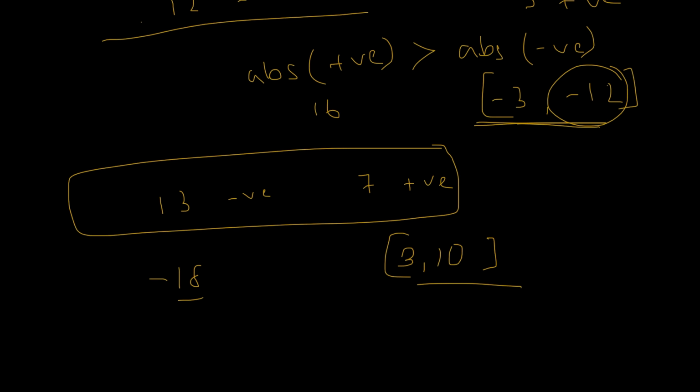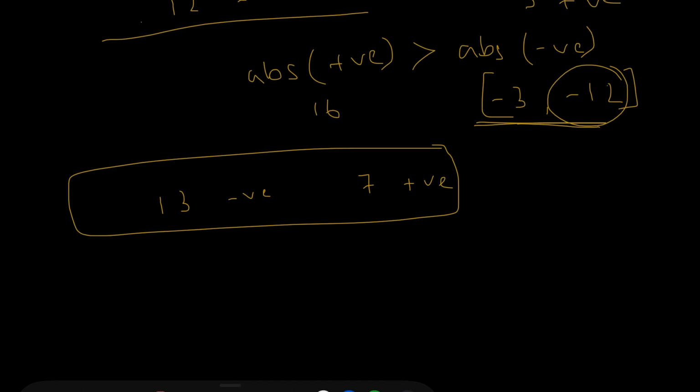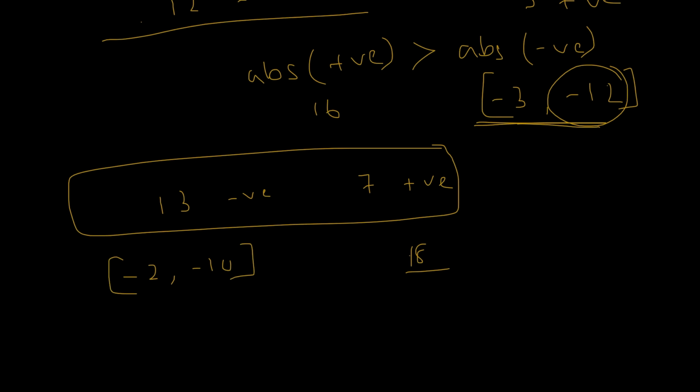This is done, but that is not the case I'm talking about. Here I'm talking about the case where the positive side contains the highest absolute value, that is 18, and the negative side contains numbers between minus 2 to minus 10, let's say.